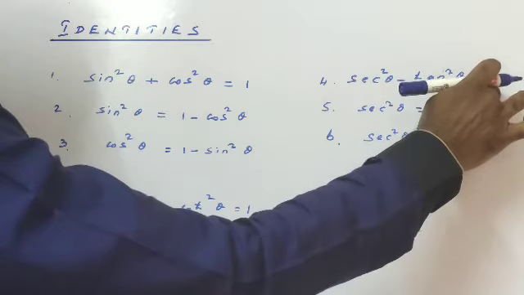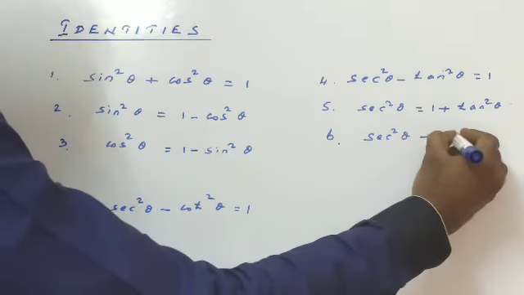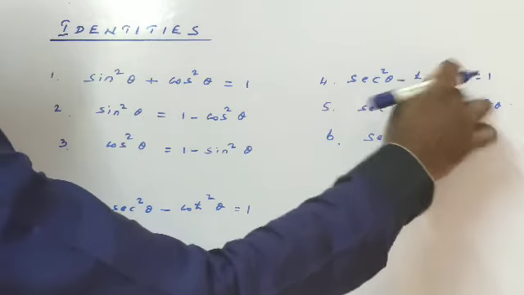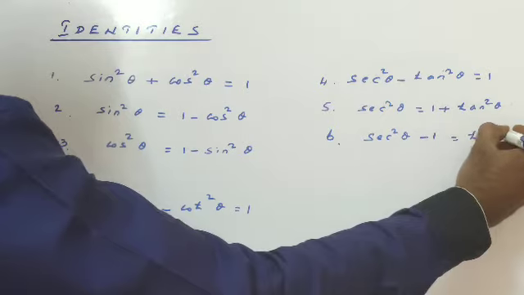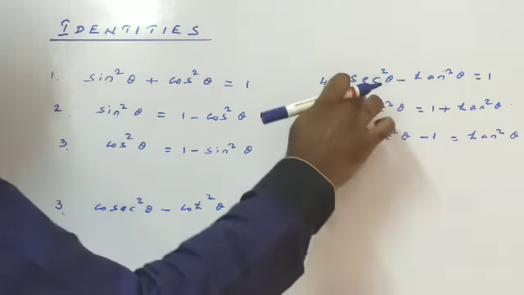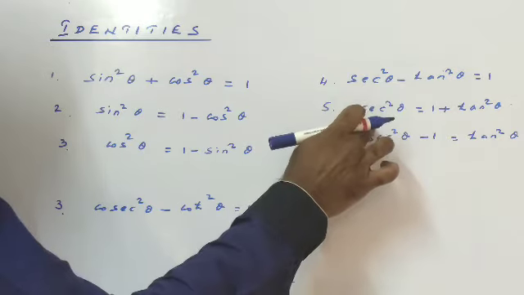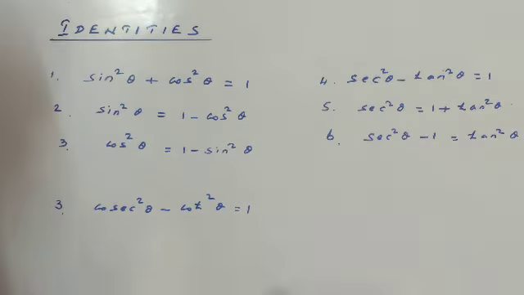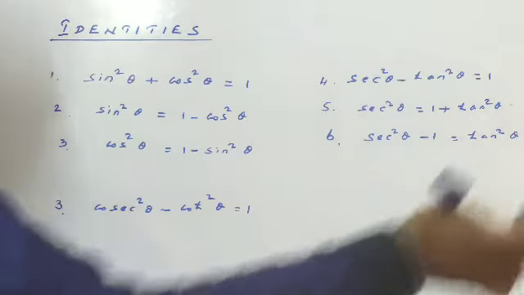Here now take the value 1 to the left side, minus 1 equal to, now take this minus tan square value to the right side, plus tan square theta. So secant square theta minus tan square theta equal to 1. Secant square theta equal to 1 plus tan square theta. Secant square theta minus 1 equal to tan square theta.